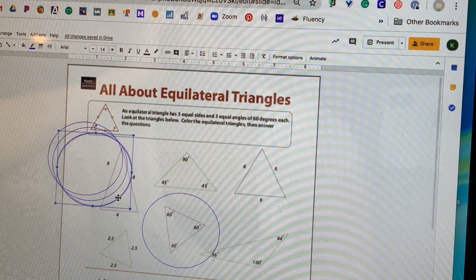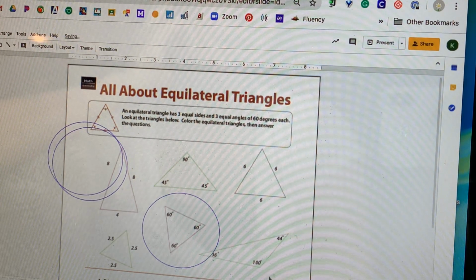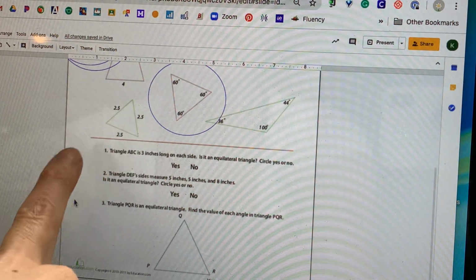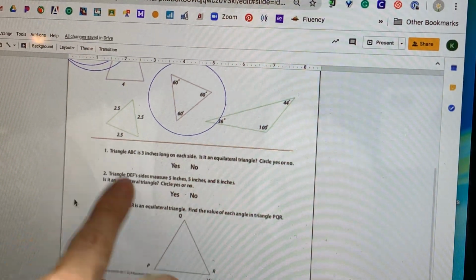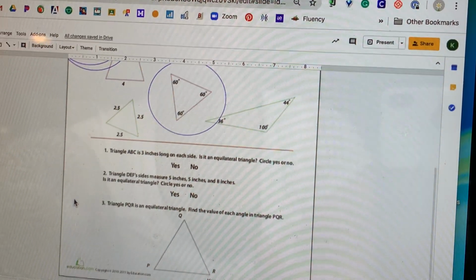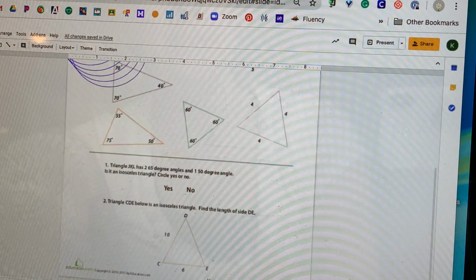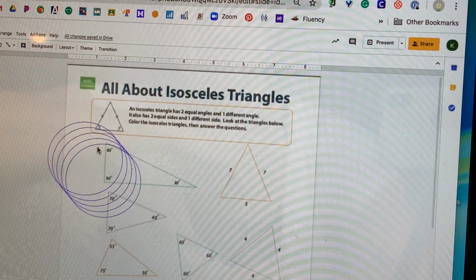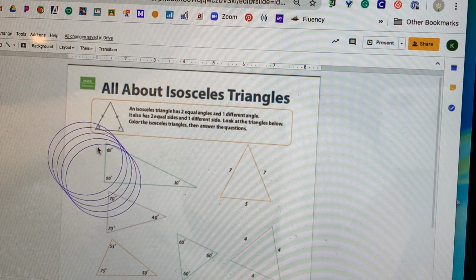Right, there are not the same angles in these sides. So that is not an equilateral triangle. I will let you guys find the last two in here because they have the lengths on the outside. And I forgot to say this on Tuesday, but you don't have to do the bottom. I didn't give you anything to do there, so don't go ahead and do that. You can skip it. All right, so pause your video and go finish that one, and we'll do isosceles next.